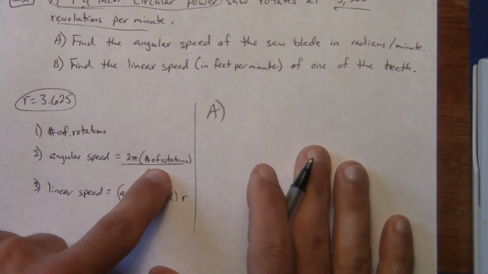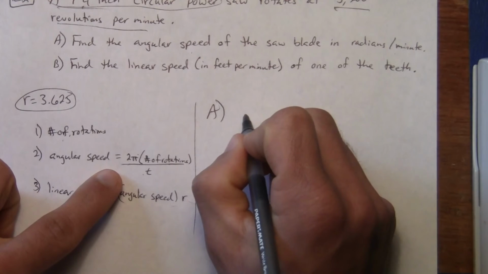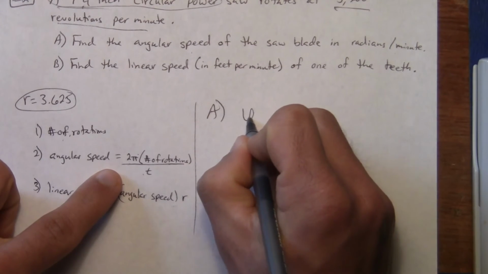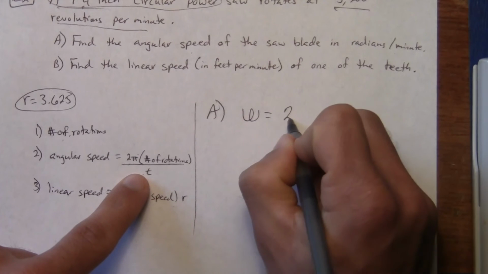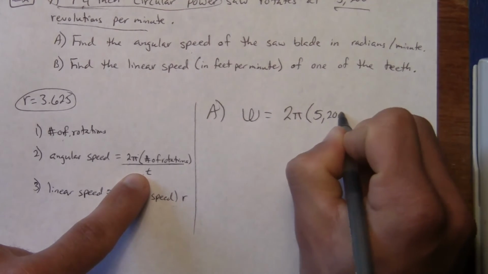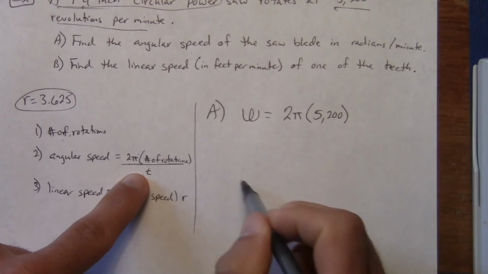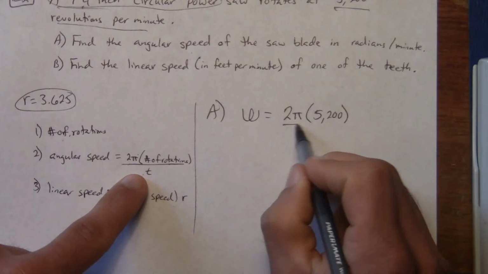I need to take the number of rotations, which is 5,200, multiply it by 2 pi. Remember, this is the little goofy symbol that we saw for angular speed. So I'm going to take the 2 pi times the number of rotations. Makes sense if you think about it. 2 pi is 1 trip around the unit circle. We're doing it 5,200 times. And then I'm dividing by the time.